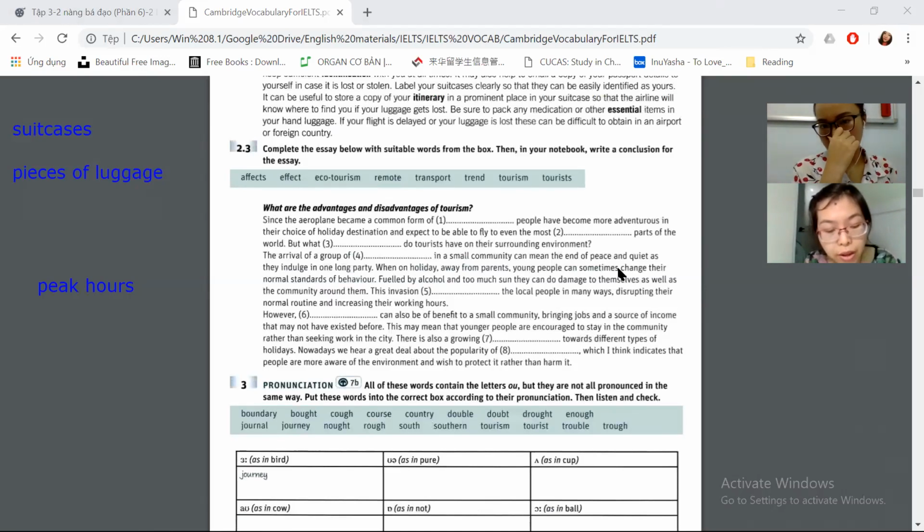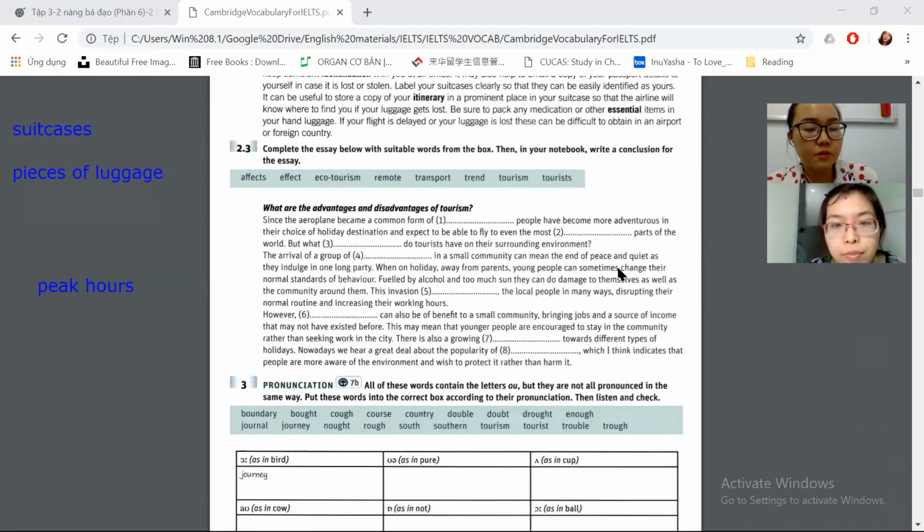What are the advantages and disadvantages of tourism? Since the aeroplane became a common form of transport, people have become more adventurous in their choice of holiday destination and expect to be able to fly to even the most something parts of the world.